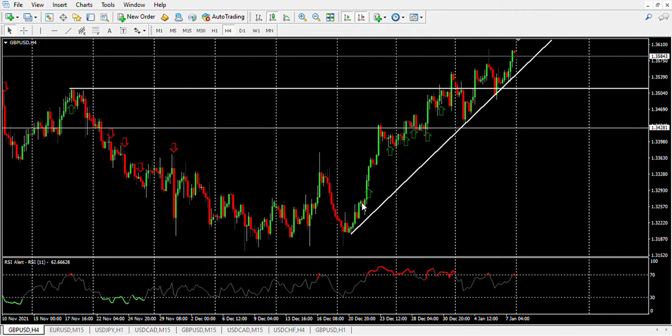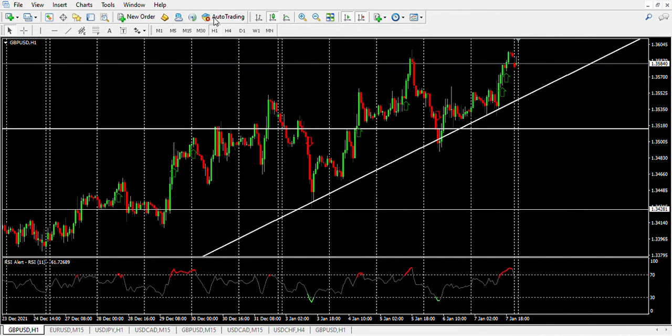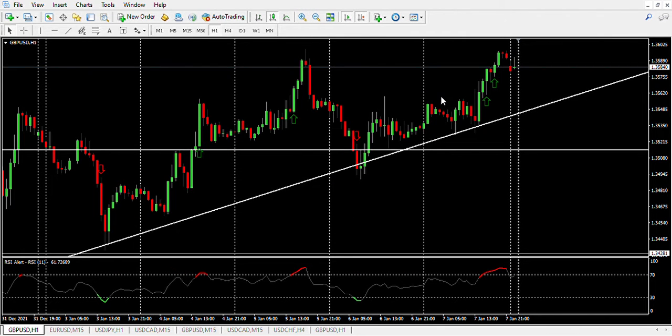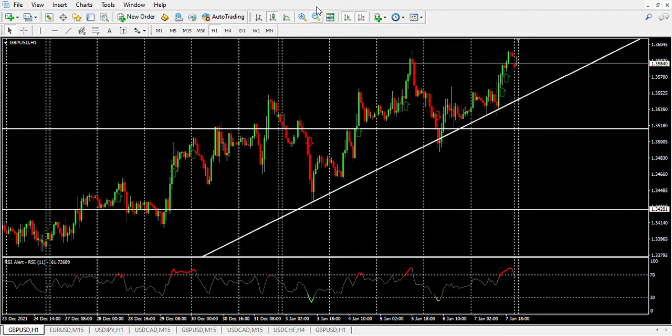We have one touch, two touches, etc. And even though I am on the hourly time frame, we do have green ones stating that, hey, it is overbought, right? So I will be looking for sells this week.